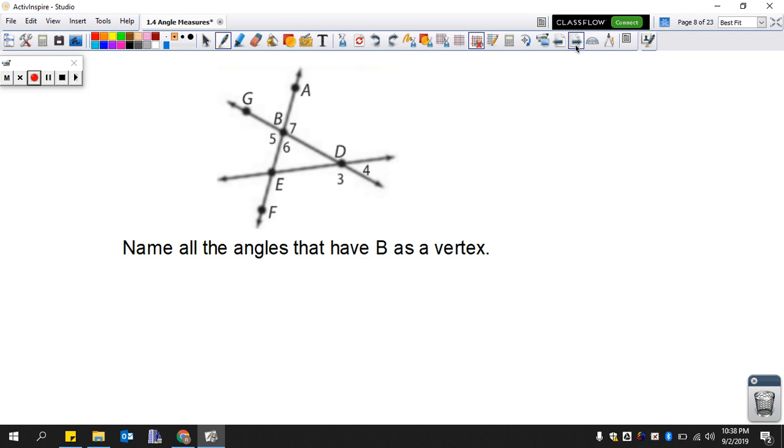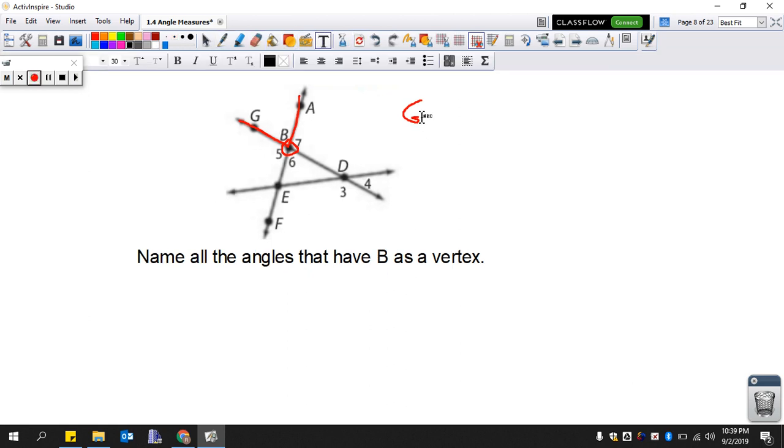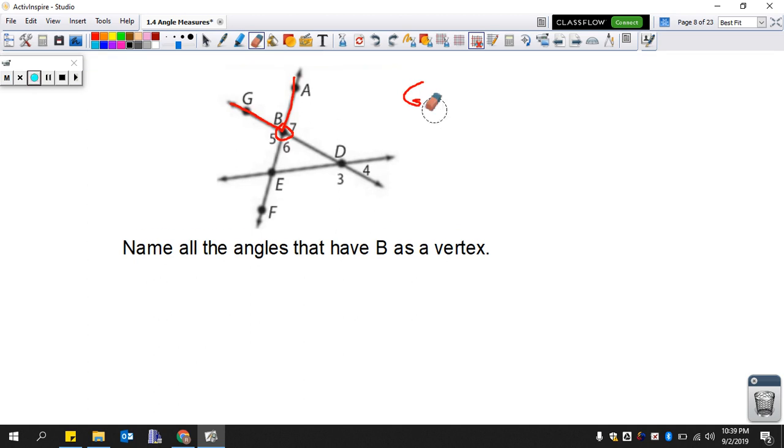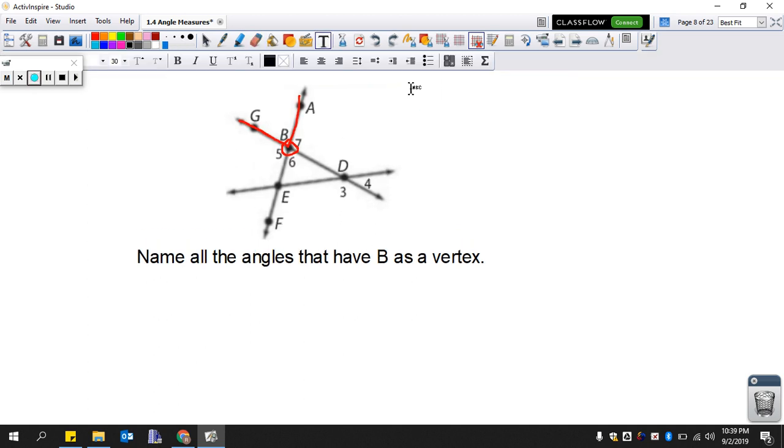So the next thing that it asks us to do is to name all the angles that have B as a vertex. Okay, so we can look at the different points. So we have GBA. I'm actually going to, rather than trying to hand draw that, use my text.